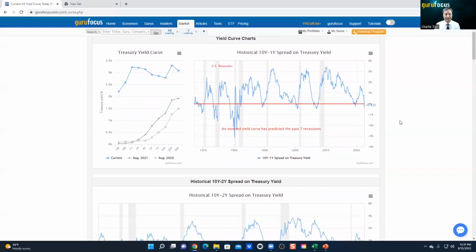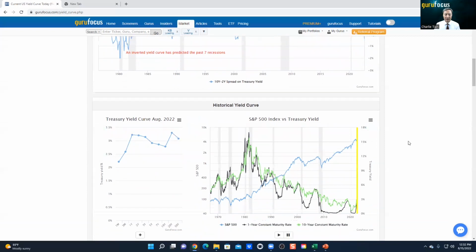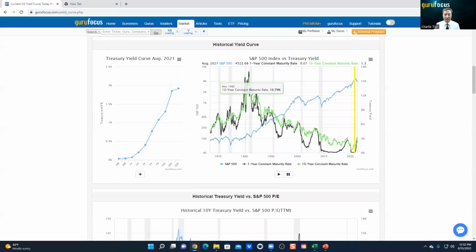It behaves differently. And this chart shows the 10-year versus 2-year yield spread. Again, it's a very good indicator, similar to the 10-year versus 1-year yield spread, and it's inverted also. And here you can see the historical 10-year and 1-year yield.